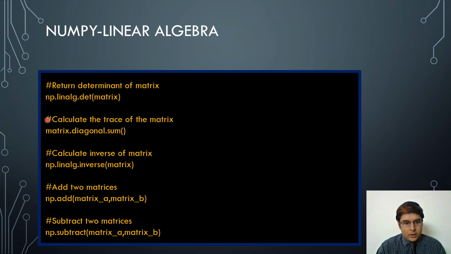So we can do all of these: calculate the trace of the matrix using the sum of the diagonal, calculate the inverse of a matrix using inverse, add two matrices using add, and subtract two matrices using subtract.